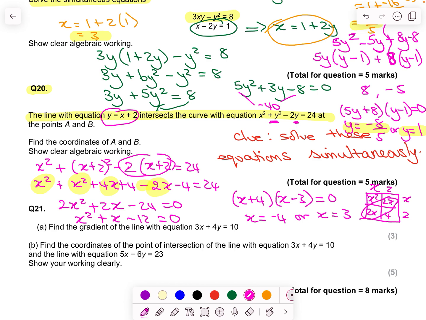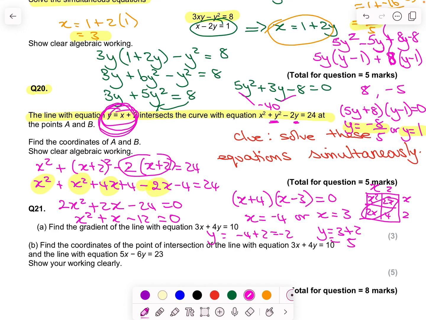Then I need to find my y values. And to find my y values, I'm going to go back into here. So y equals x plus 2. So minus 4 plus 2 is minus 2. And then here, y equals x plus 2, 3 plus 2, y equals 5.